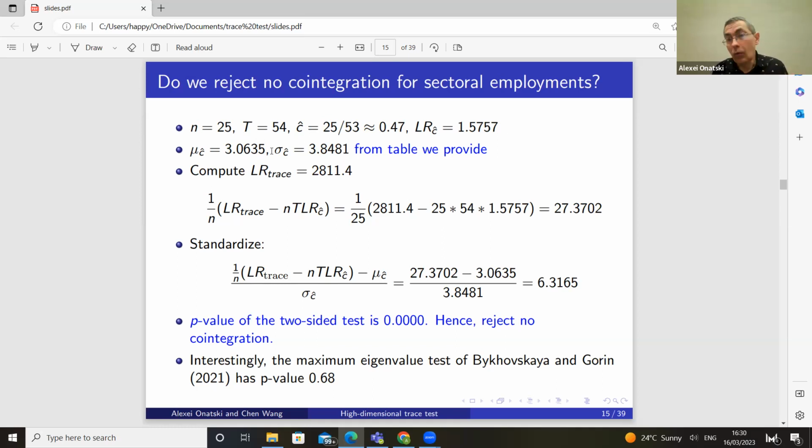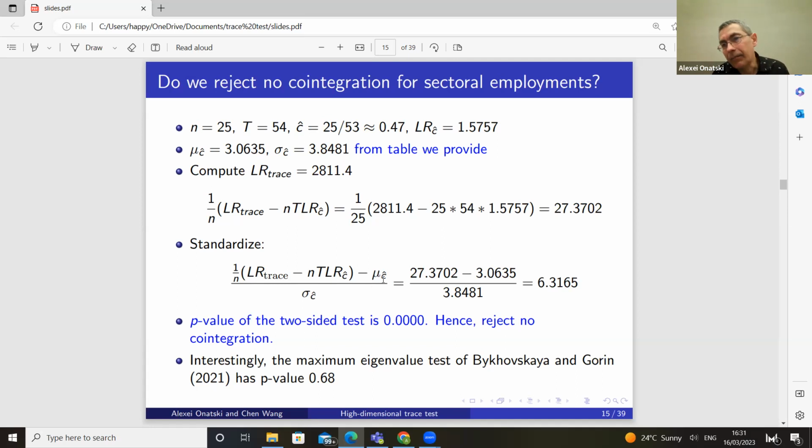It's tabulated, or MATLAB code is provided, so you can compute it for yourself. And finally, I'm computing the usual, slightly modified, trace statistic. It has this very big value, 2,811. Then I'm computing this normalized trace statistic, which turns out to be 27.